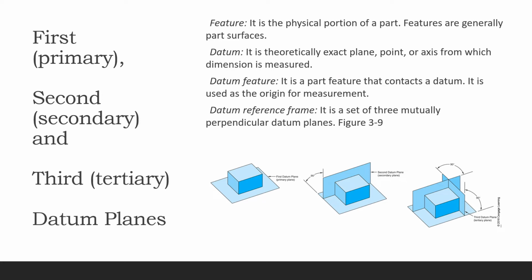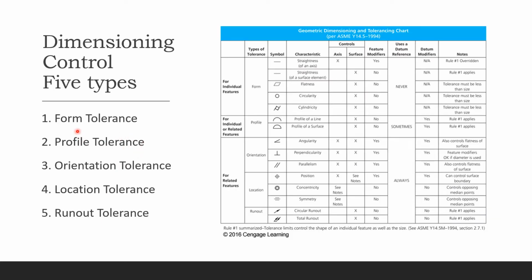Don't try to get everything by heart. Try to get its meaning, or what they are physically. So we have form, profile, orientation, location, and runout. These are just the 5 types of dimensioning control. Control is nothing but tolerance. When we're measuring something, your measurement has to be within a tolerance or limit.